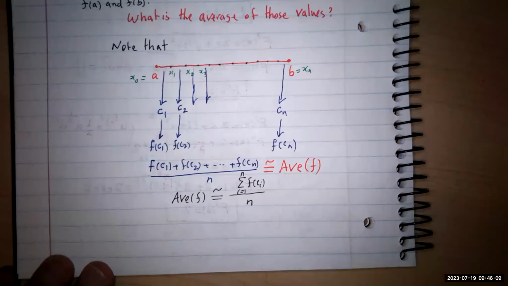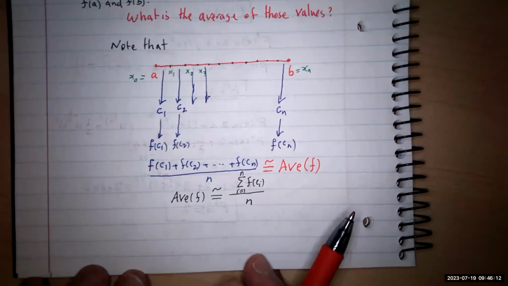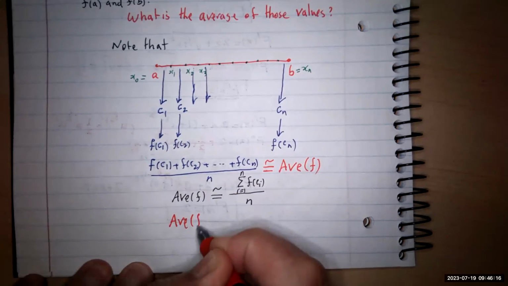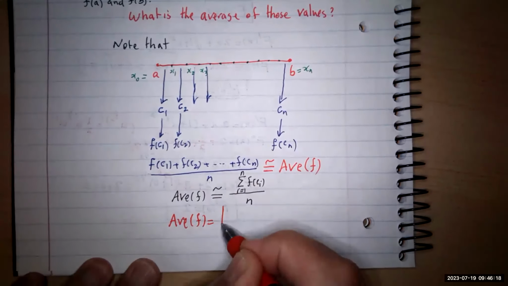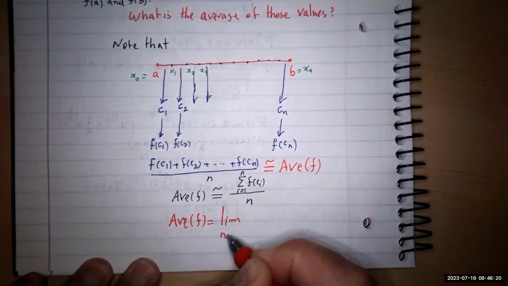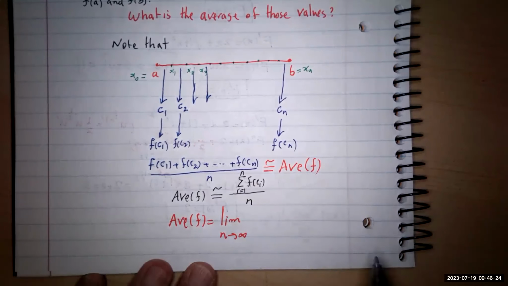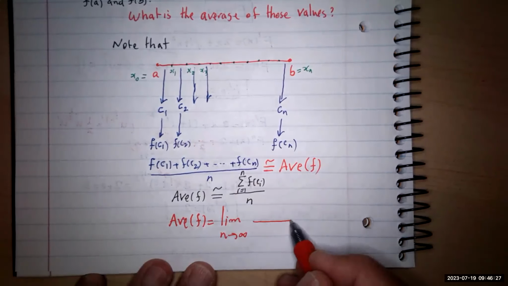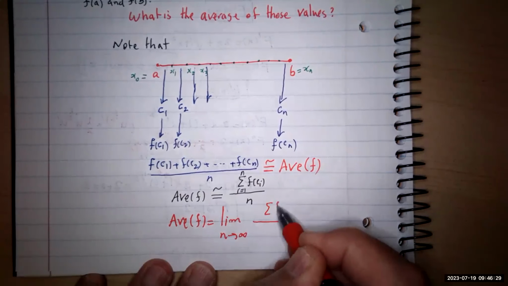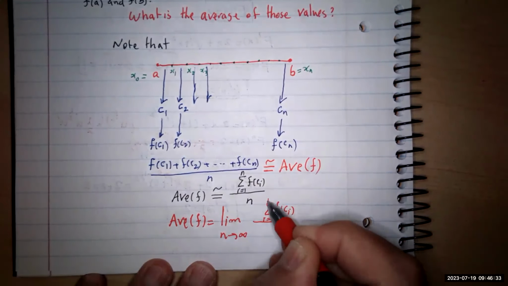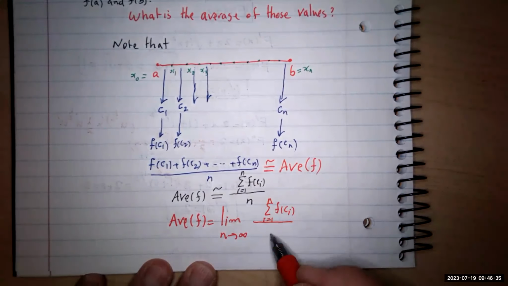So it's natural to say that the average value of the function must be the limit as n goes to infinity of the sum of f of ci, i from 1 to n, over n.